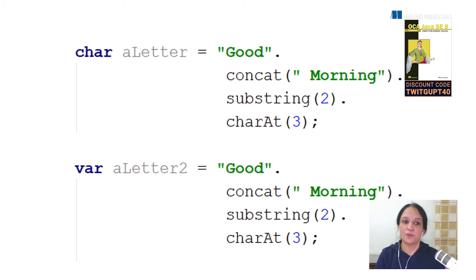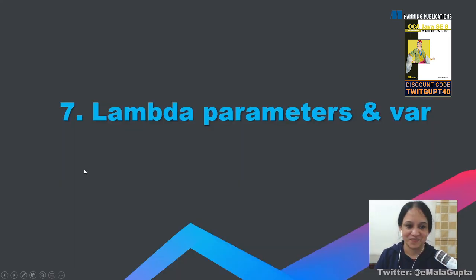It also works well when you're calling multiple chained methods and you don't really have to bother about the return type of that method. Because in this example, if you have to even think about whether the type is an int or a char or a string, then you are good to use var, because in that case the compiler does the work for you. So you are not working for the compiler, the compiler is working for you in this case.